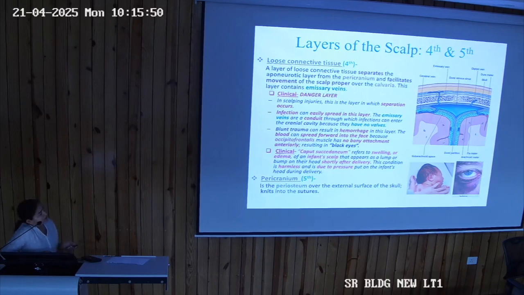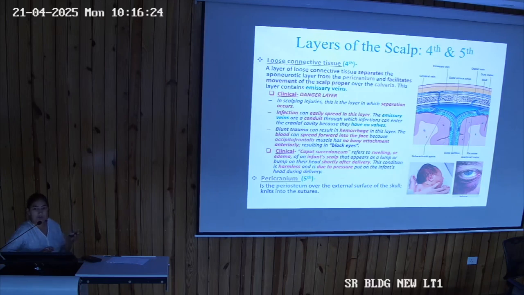And if there is trauma and a bleed in the scalp region, the blood vessels which bleed, the blood will not accumulate in the scalp, it will come around the eye. If you can see this eye, you can see a blackening around it. Sometimes you have seen a person coming to the emergency with a black eye. That black eye is because of the blow trauma, and this loose connective tissue layer is not adherent to any bone.